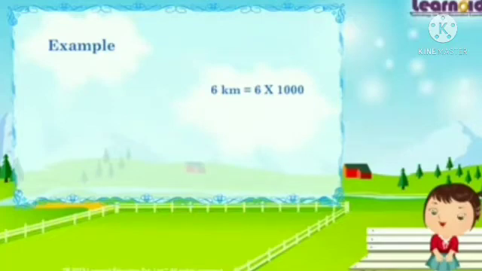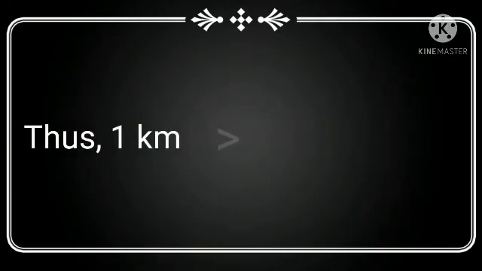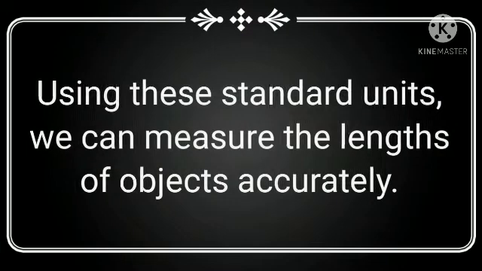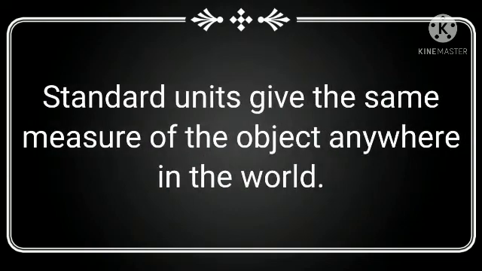For example, 6 kilometers is equal to 6 into 1000, which is equal to 6000 meters. Thus, 1 kilometer is greater than 1 meter, and 1 meter is greater than 1 centimeter. Using these standard units, we can measure the lengths of objects accurately. Standard units give the same measure of the object anywhere in the world.